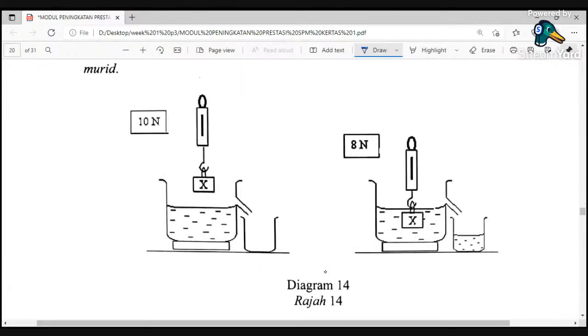So if hanging in air, the weight here, weight of the object, and the reading of the spring balance, we can say tension of the spring, we can put as T1. So hanging at rest means T1 equals to actual weight, WO, 10 Newton. So ini adalah dia punya bacaan sebenar ataupun berat sebenar objek.